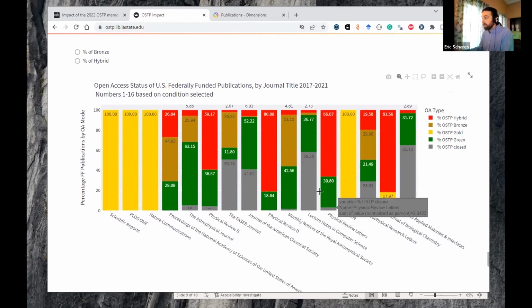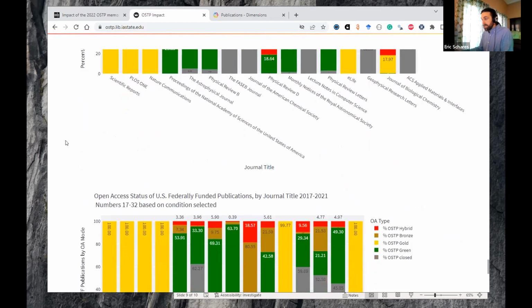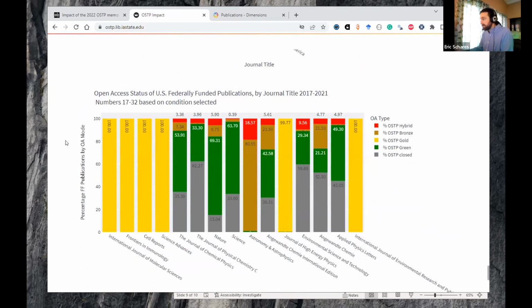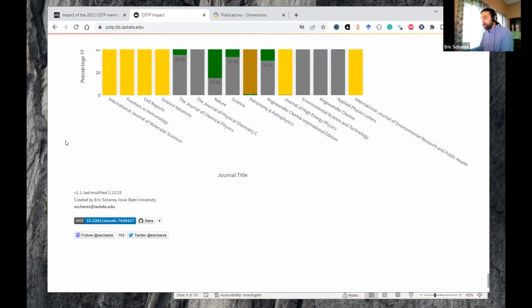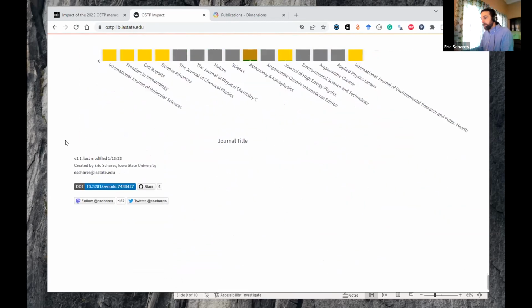This gray bar will not be allowed anymore once 2026 comes around. So again, here's numbers 1 through 16. We can come down here, 17 through 32 of whatever filtering criteria you prefer. And then at the bottom again, my contact information.